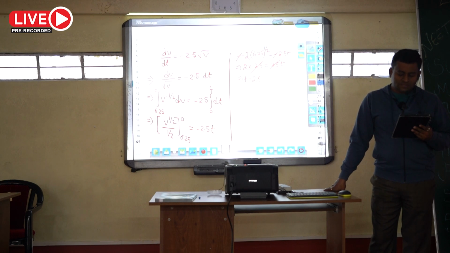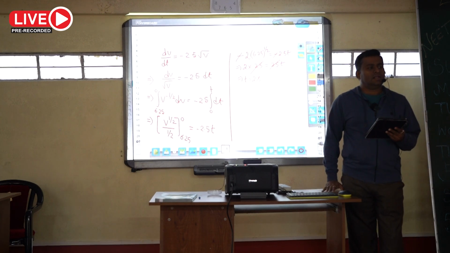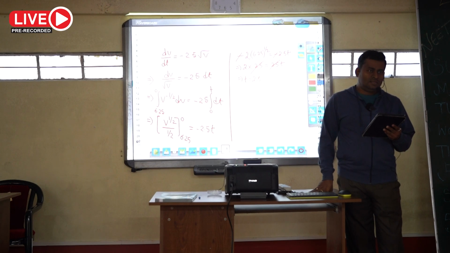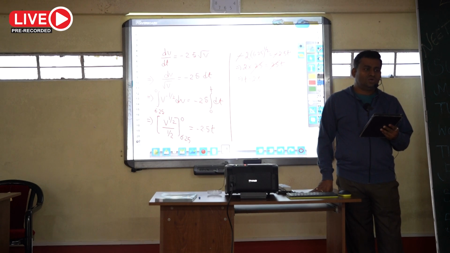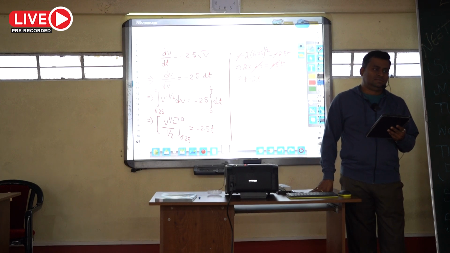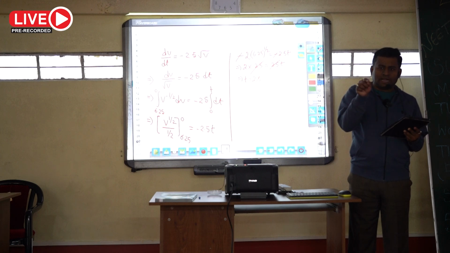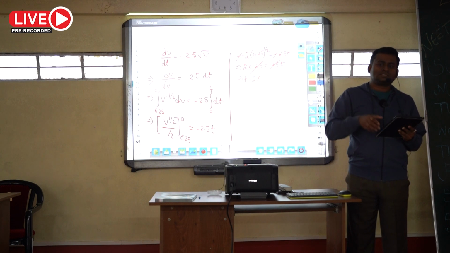A particle moves a distance x in time t according to the relation x equal to (t plus 5) whole to the power minus 1, means x equals (t plus 5) under bracket whole to the power minus 1.